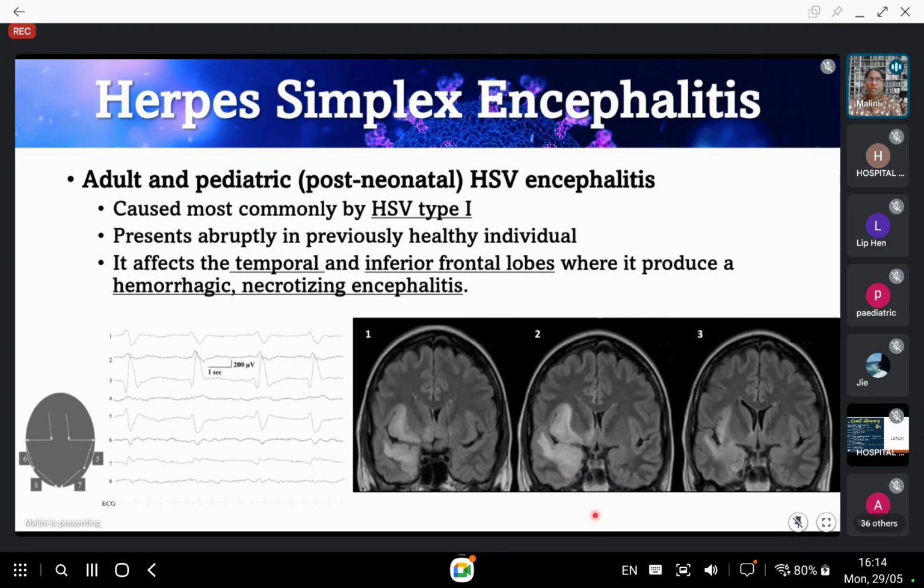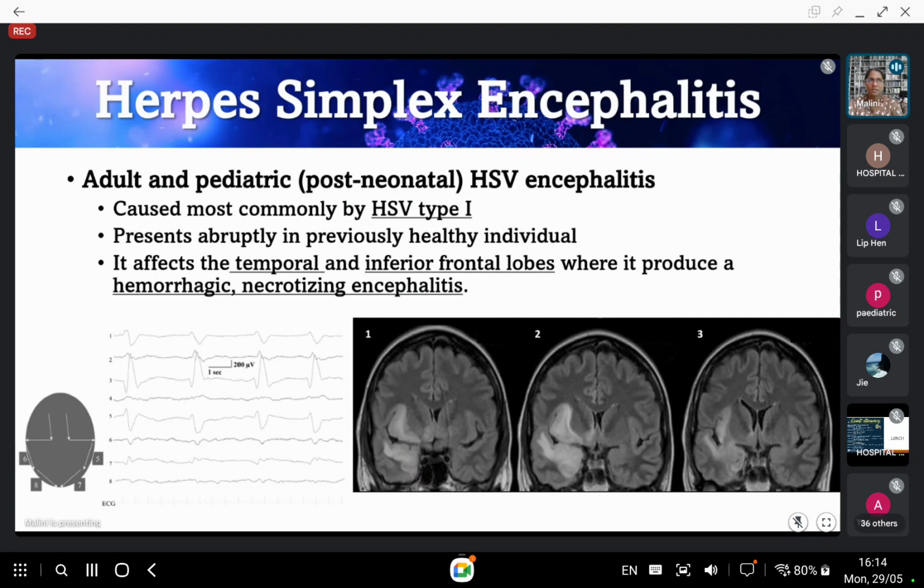A lot of times, when a child presents to us with encephalopathy and we are quite sure this is infective in nature, we will start acyclovir, which will treat our herpes simplex encephalitis.